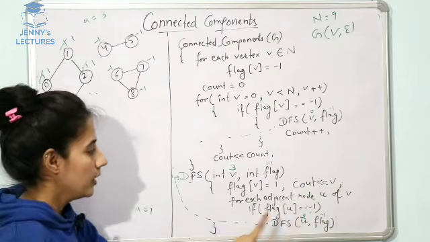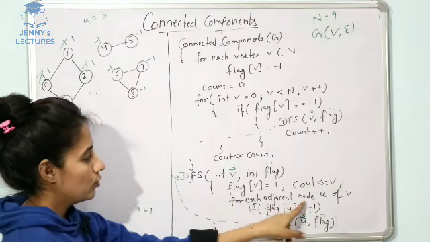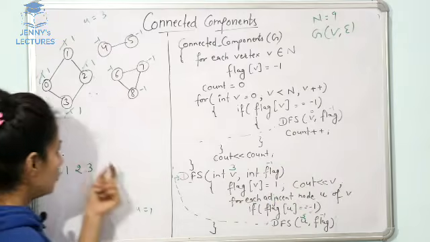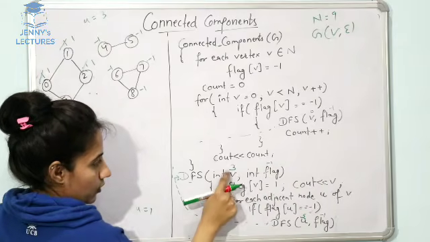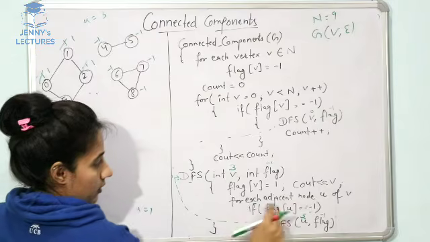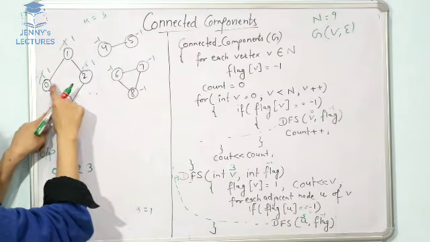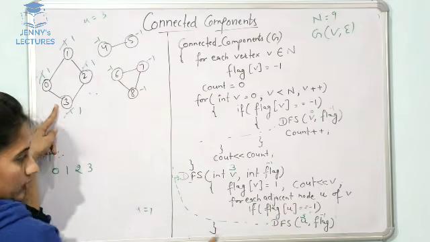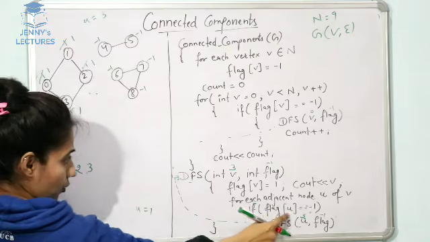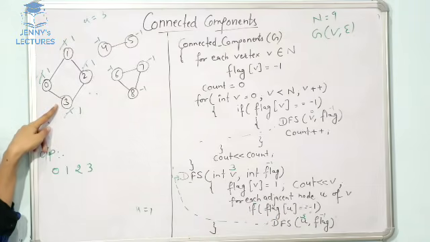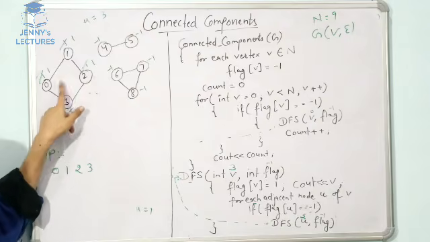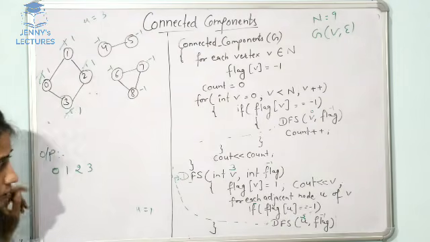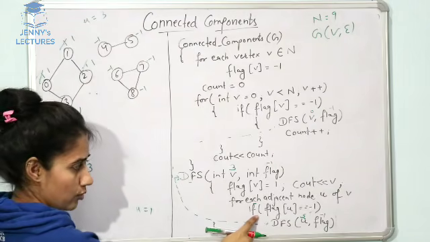Now check for each adjacent node u of v. Now v value is 3. The adjacent nodes of 3 are 0 and 2. If flag of u is equal to -1, is there any adjacent node of 3 having flag -1? No, this condition is not true.